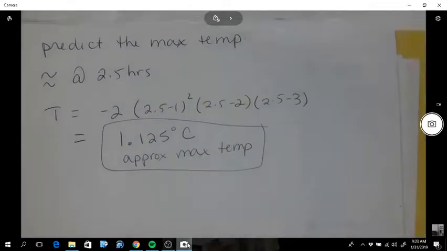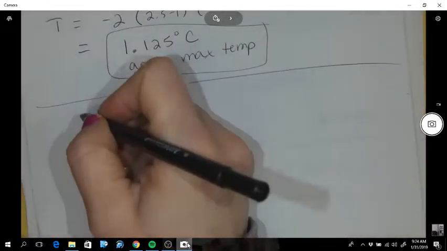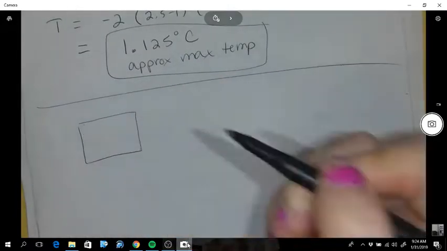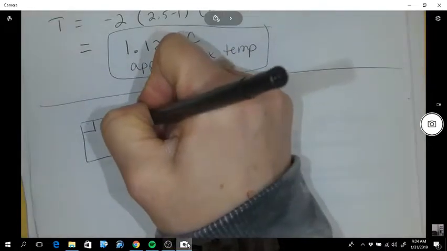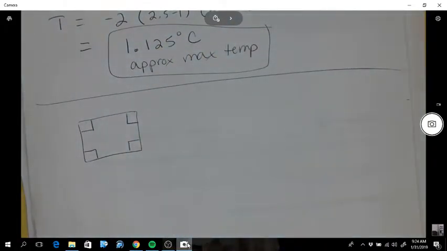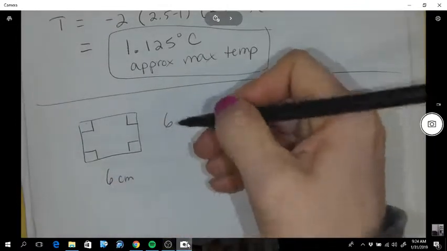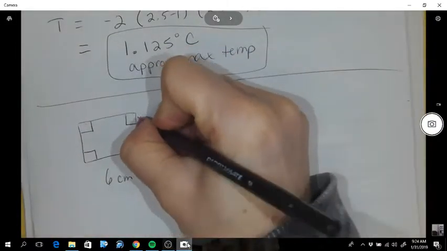Okay, next one. I'm going to give you a box. Okay, we're going to make a box by cutting the corners out of this, and we know that it's a 6 by 6 centimeter. Okay, and we're going to cut X centimeters out of the corners.